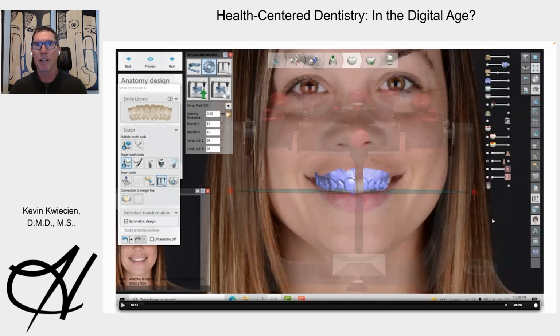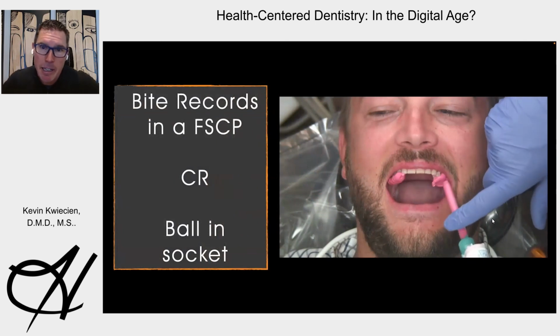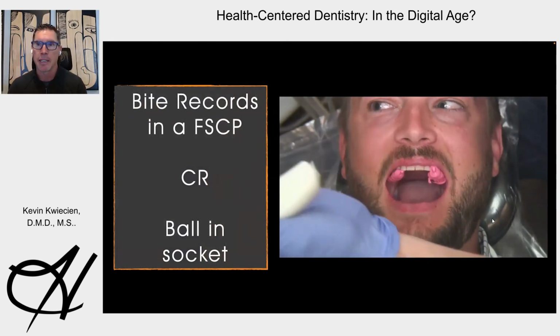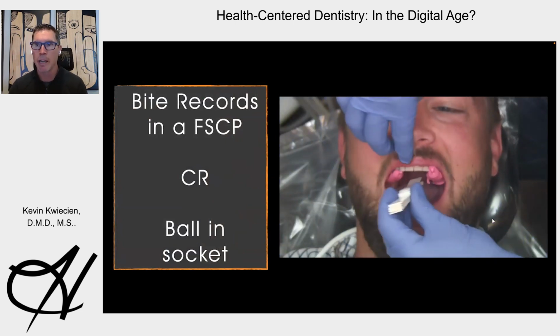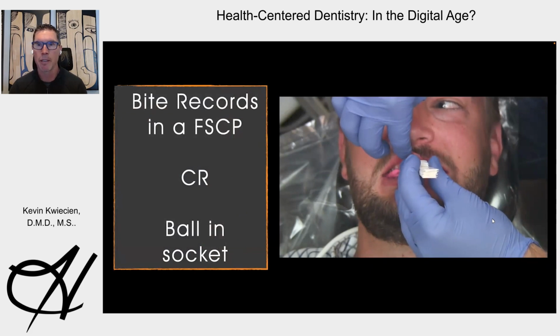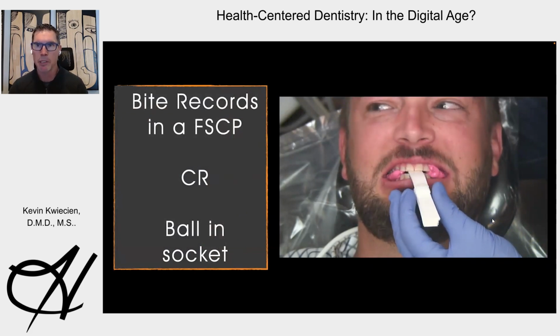So now that we know that we can trust these records, now you can literally take a centric relation bite record. And again, got to go back to the analog world of using a leaf gauge. So slide forward, back, and squeeze. So he is holding that position.